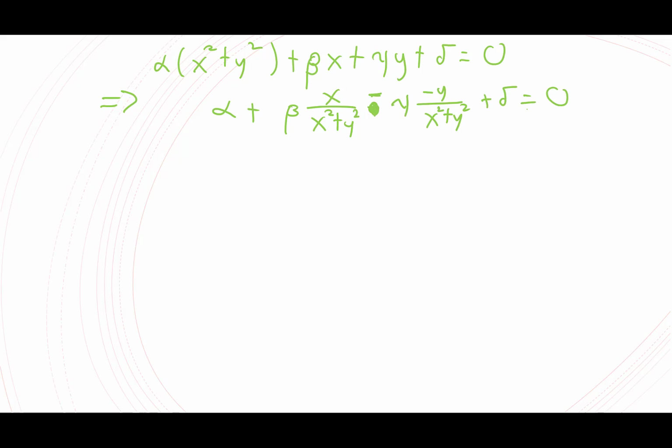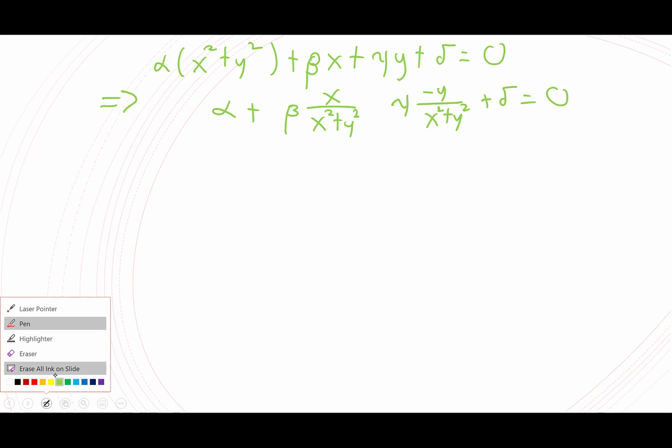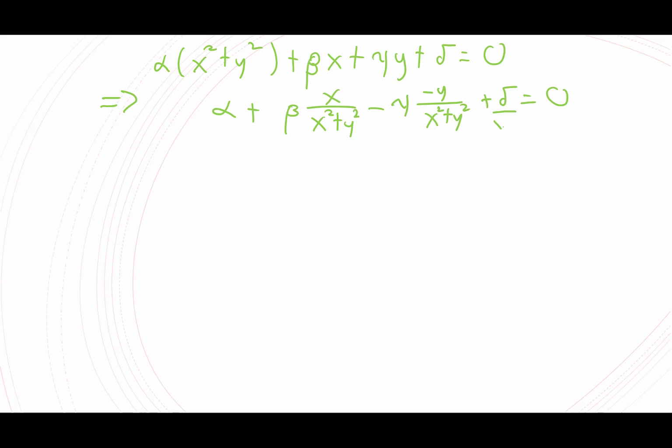Now you might wonder why I did that, and I know that looks funky. Why did I do that? Well, I'm going to eventually substitute u's and v's in. So we divided both sides by x squared plus y squared, and so we get this equation right here.